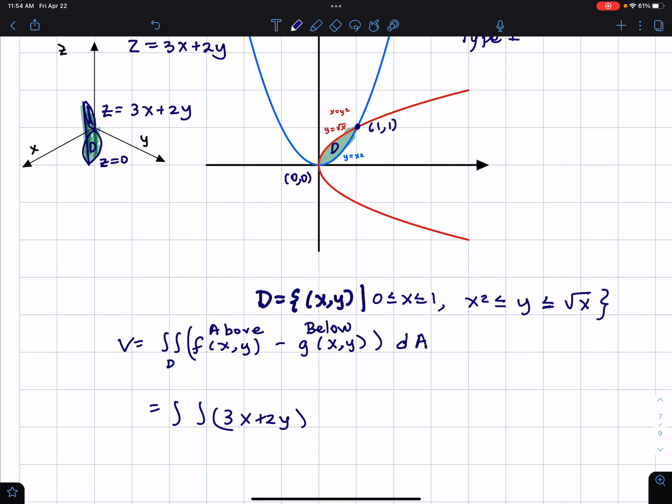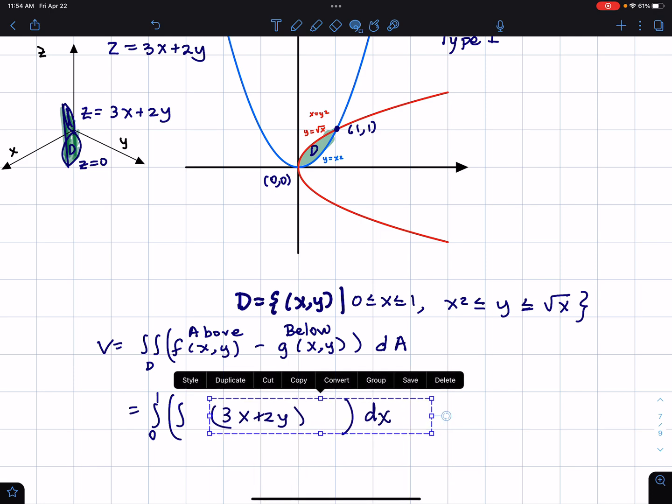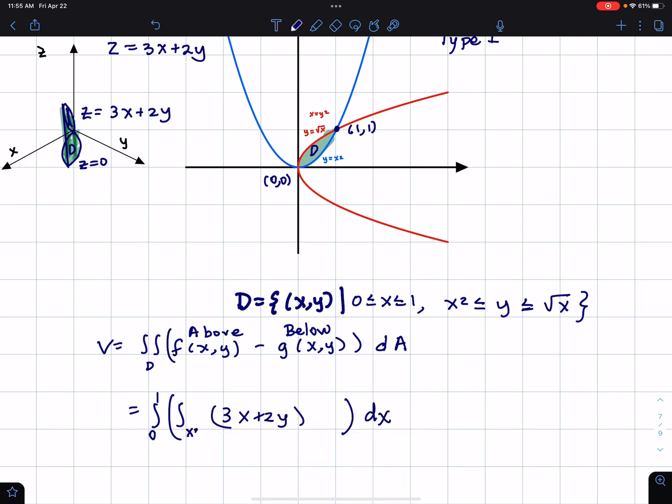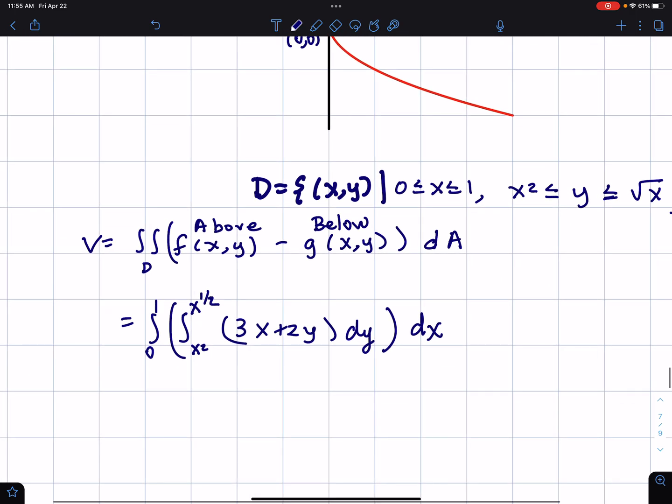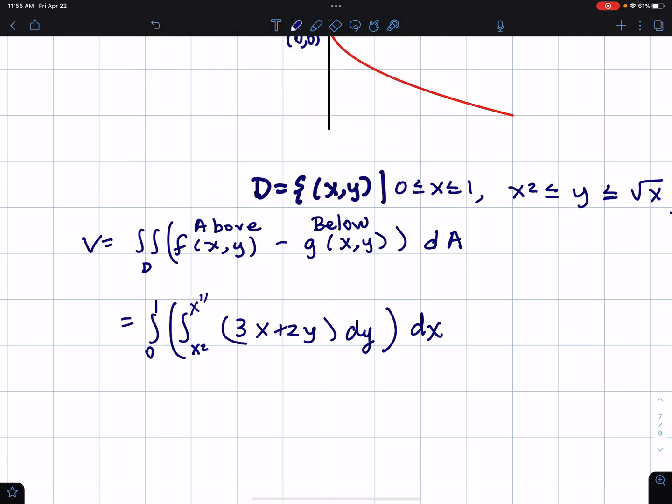And then I'm going to integrate the integral with x from 0 to 1, put parentheses, dx, and then I have an integral with respect to y, which is y goes from x squared to square root of x, which I'll just write down as x to the 1/2. And that's dy.